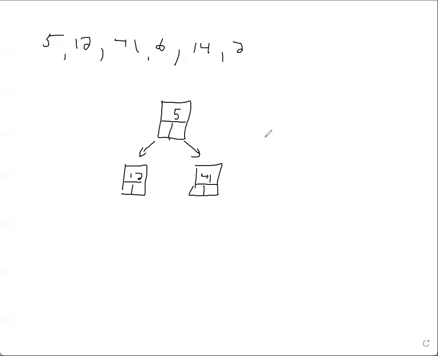Okay. So for that reason, and lots of others we'll talk about, we come up with this idea of a binary search tree, or BST. And what a binary search tree is, okay, there's a formal definition, kind of like we saw before.